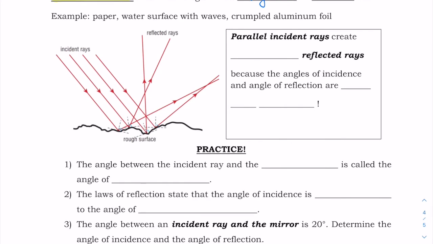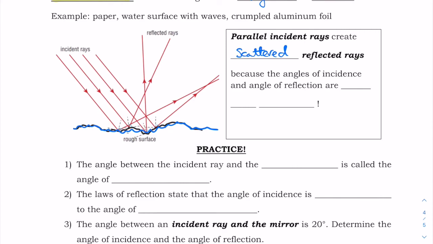That surface isn't perfectly smooth. If you zoom in and look at it, it's very rough with a lot of irregularities, maybe a lot of bumps. And as a result, for all of the parallel incident rays, they are reflected, but they're scattered. So these surfaces create scattered reflected rays.